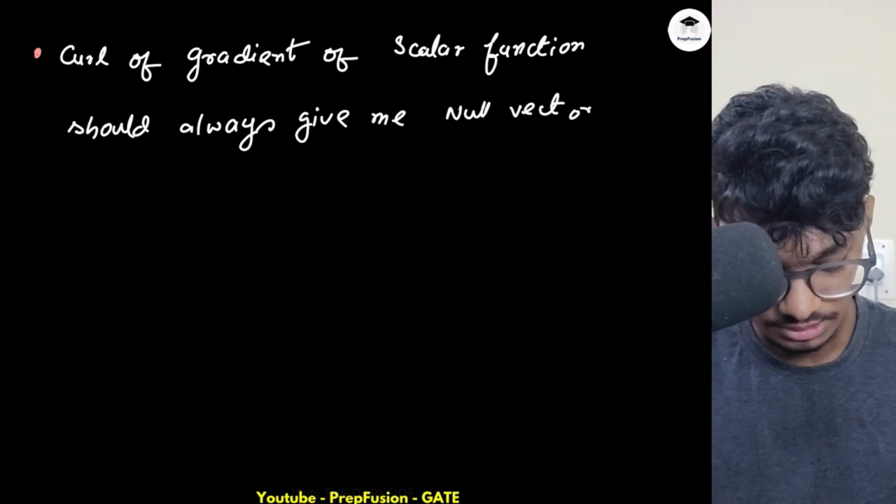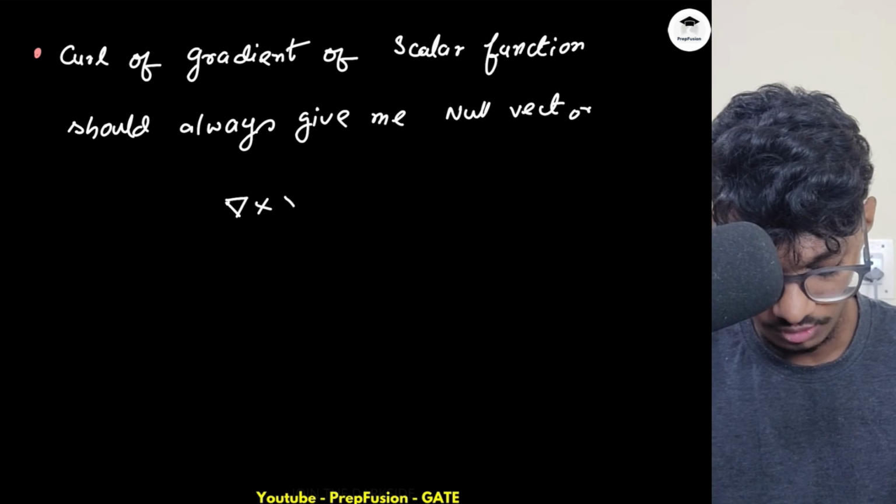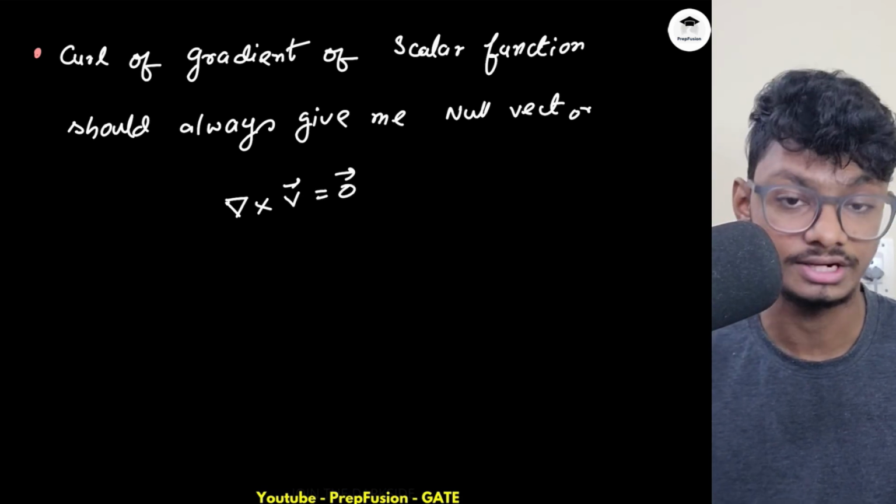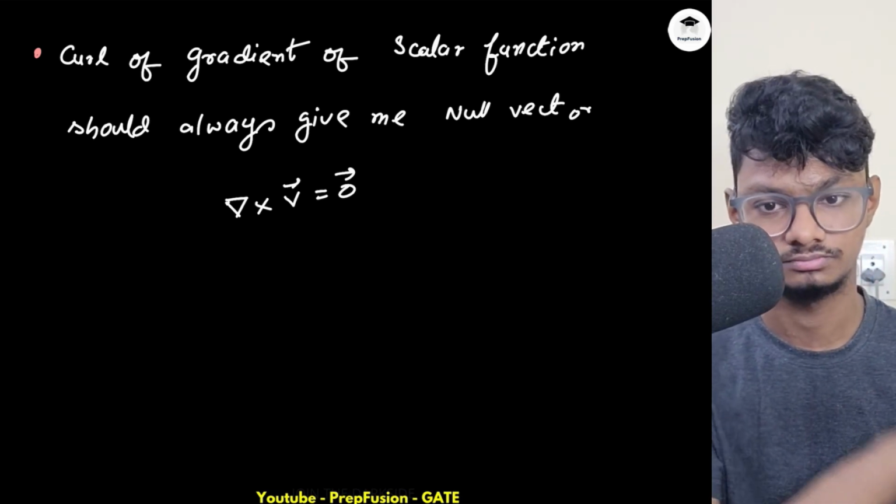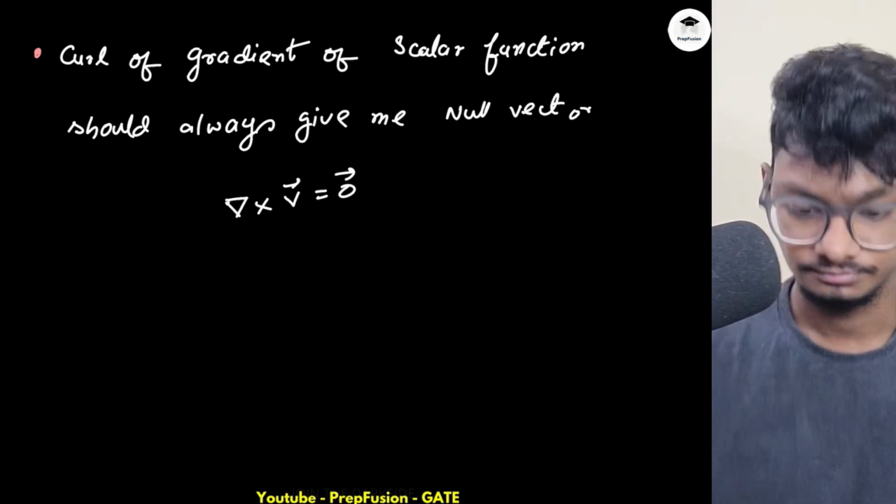In other words, if I do del cross v, I should always get a null vector if v is a gradient of a scalar function. So I'll verify each of them.